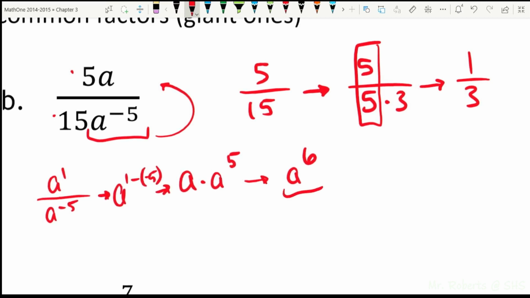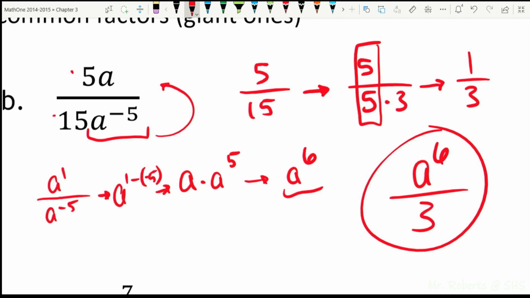So it's going to take a while till we're comfortable and we look at these and we know what they are, but a over a to the negative 5th is just a to the positive 6th. So I've got an a to the 6th that lives in the numerator and a 3 that lives in the denominator. So my final answer is a to the 6th over 3.